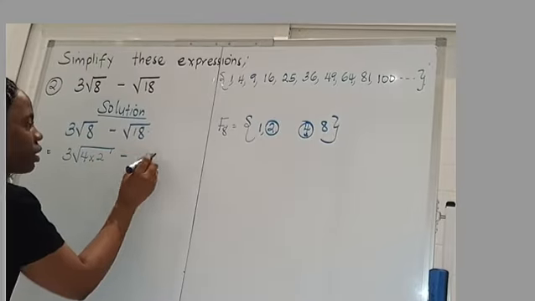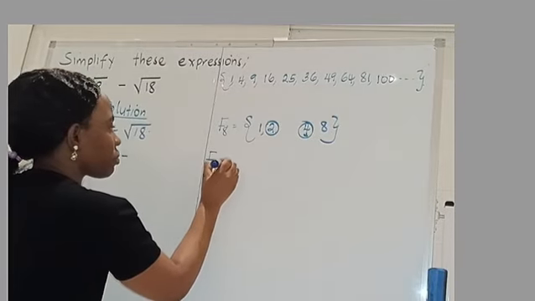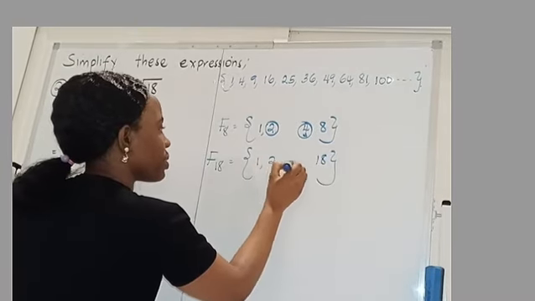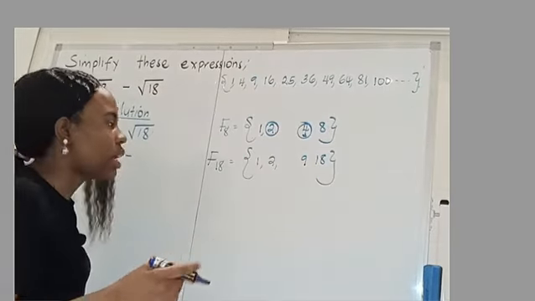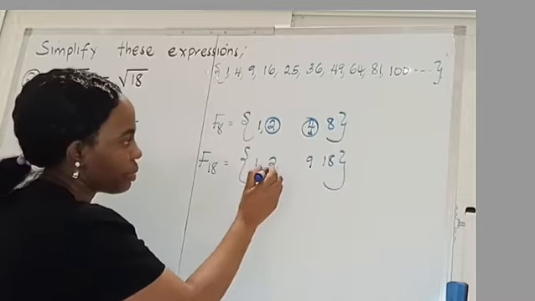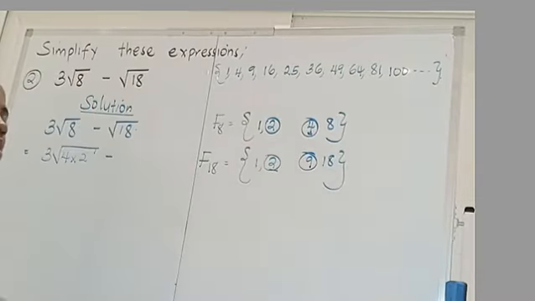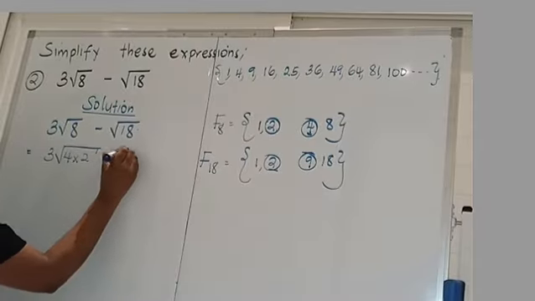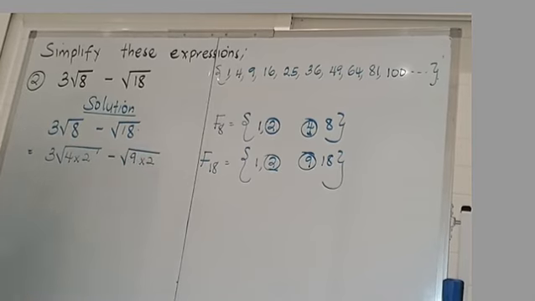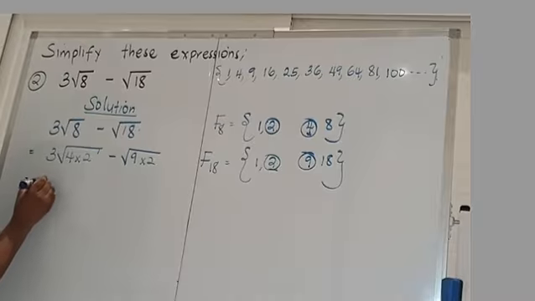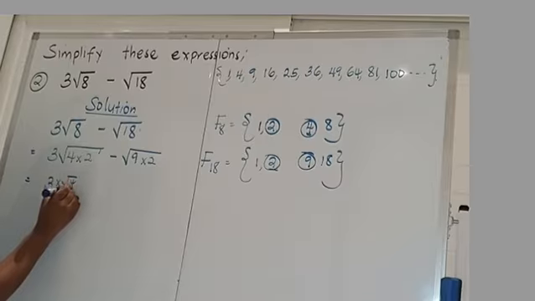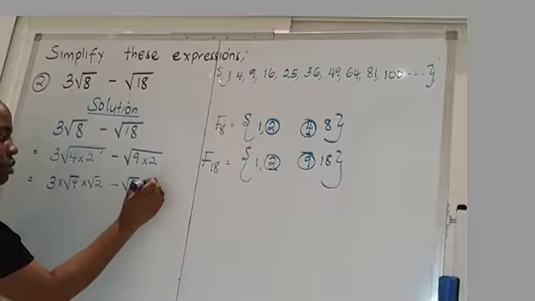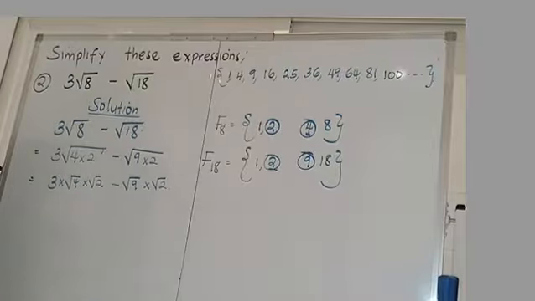Take away, factors of 18. We have 1 times 18 and also 2 times 9. We also have 3 times 6, but we shall take 2 and 9, since none of the other ones is a perfect square. So we shall have root 9 times 2. So this is going to be 3 times root 4 times root 2 minus root 9 times root 2 after splitting.